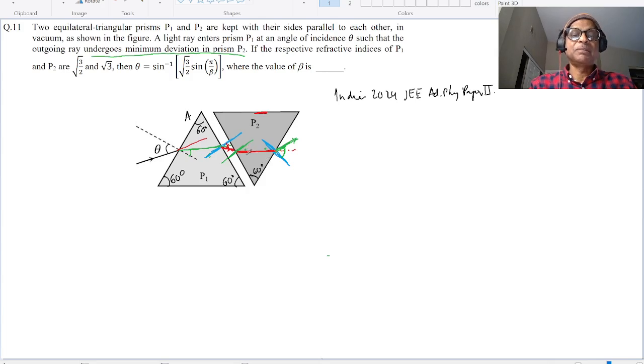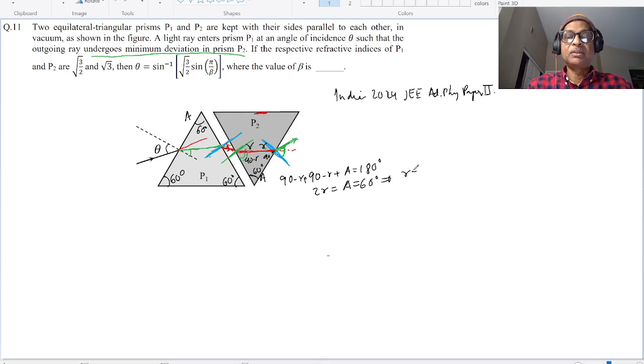Let's call this R, and this also R. Then this is 90 minus R, and this is 90 minus R, and this is apex A. So in this triangle, 90 minus R plus 90 minus R plus A is 180 degrees, and this tells you 2R equals A, which is 60 degrees.